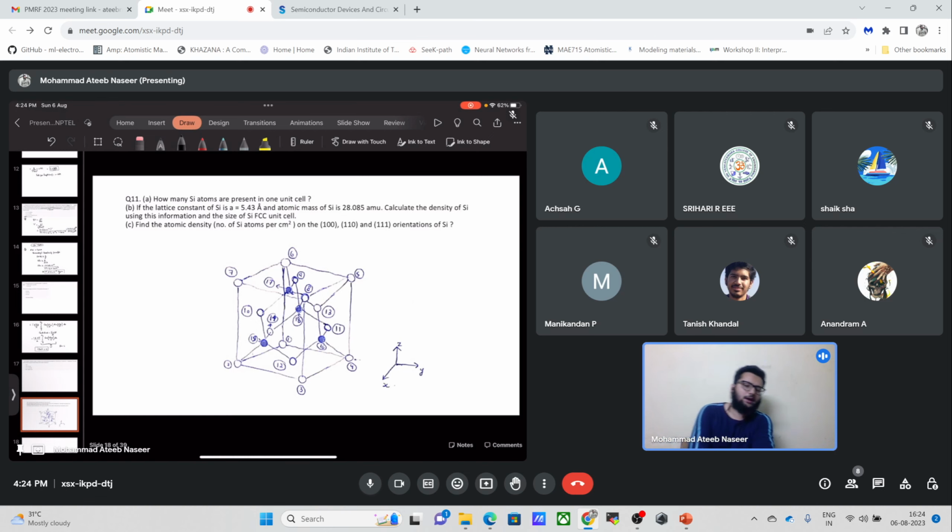Currently, from the research point of view, we mostly go beyond silicon, but silicon is the backbone of our semiconductor industry, and silicon crystallizes into an FCC kind of structure, which is also known as diamond cubic. For that, let us try to evaluate this problem. Just see what insights we can get from this silicon material itself.